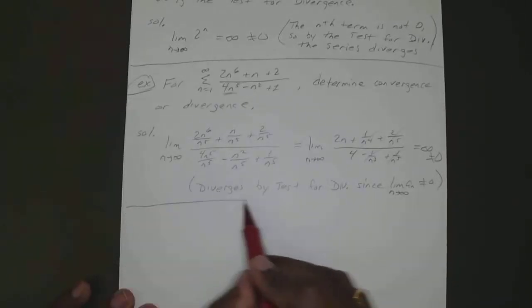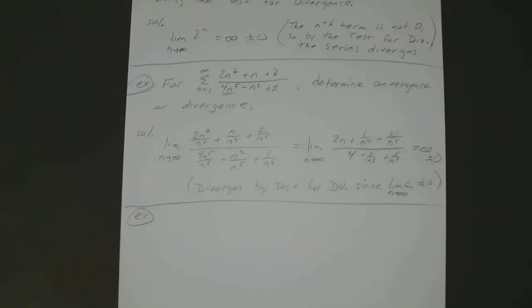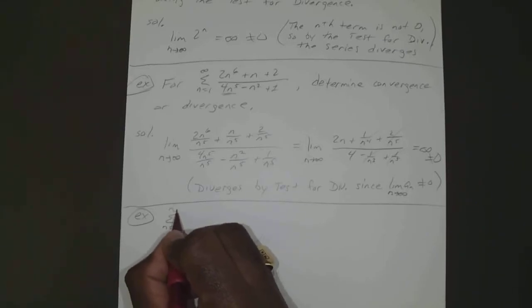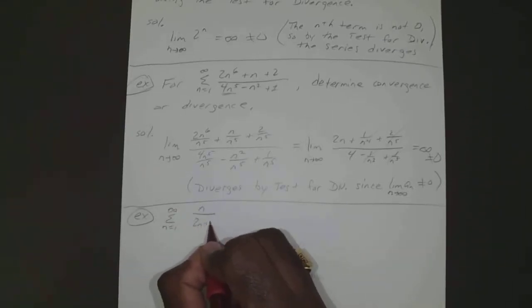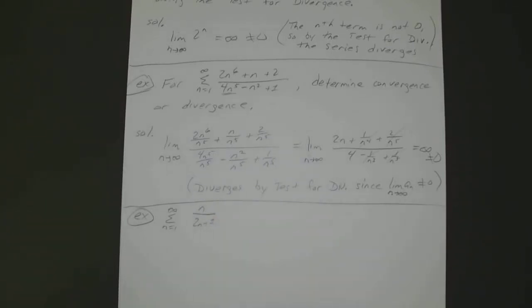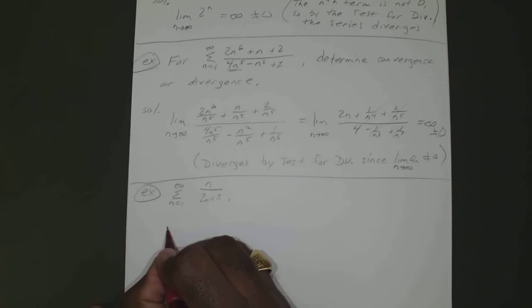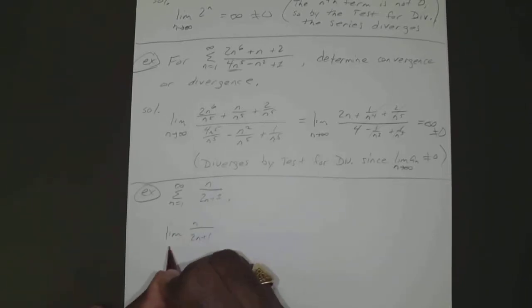Okay, so let's say, for example, if we have the sum from n equals 1 to infinity of n over 2n plus 1, and we want to test for convergence or divergence. Okay, so that means we take the limit of n over 2n plus 1 as n approaches infinity.